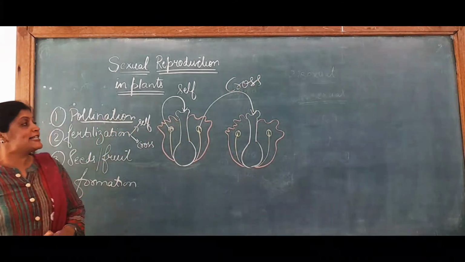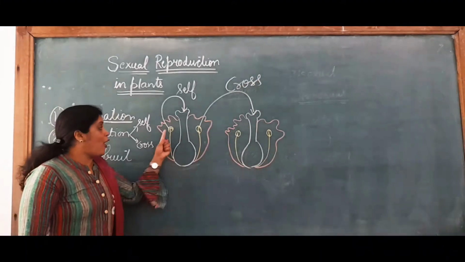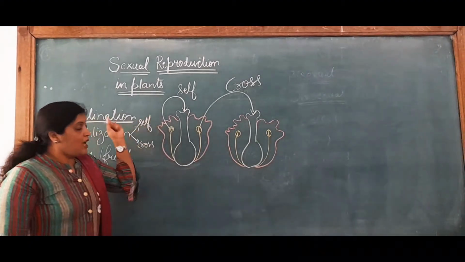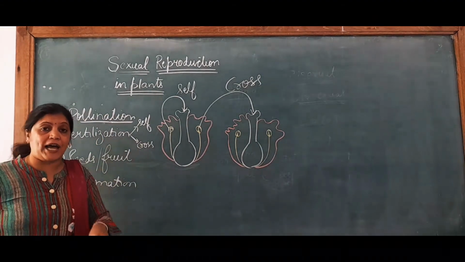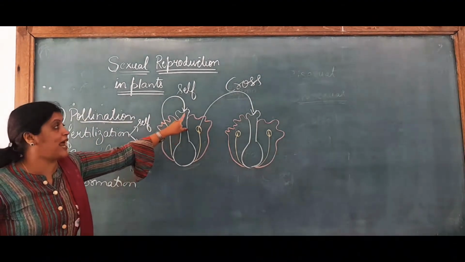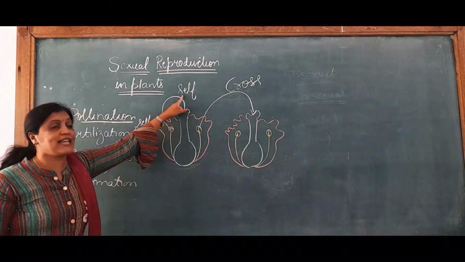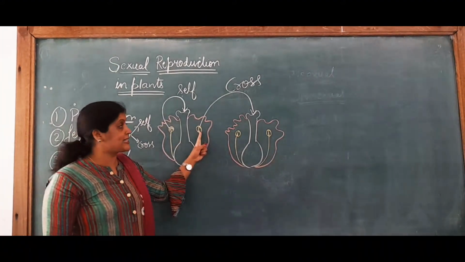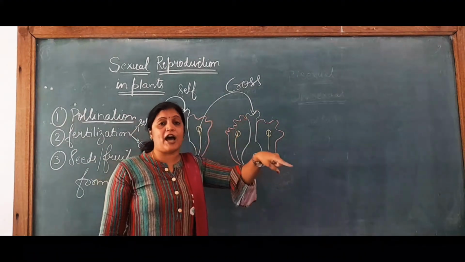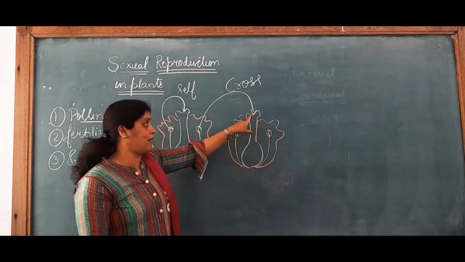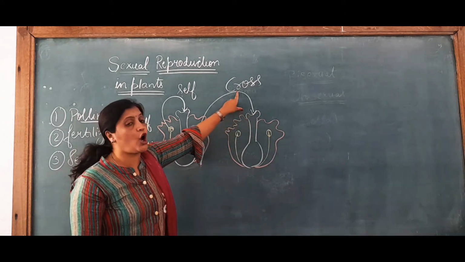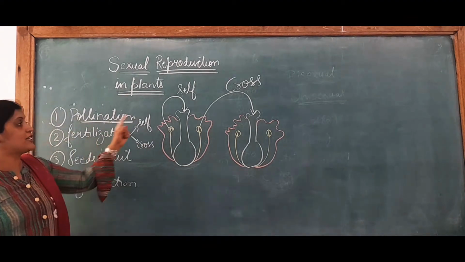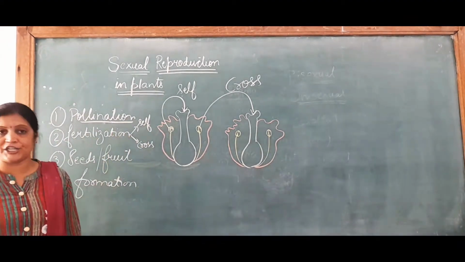And repeating, self-pollination is when the pollen grains reach the same flower or another flower of the same plant. But if one flower's pollen grains transfer to the stigma of another flower of the same species, this is known as cross-pollination. So these are the types of pollination, self and cross-pollination.